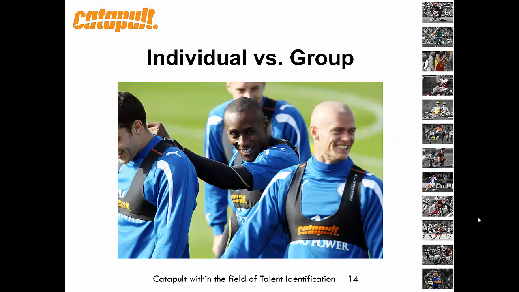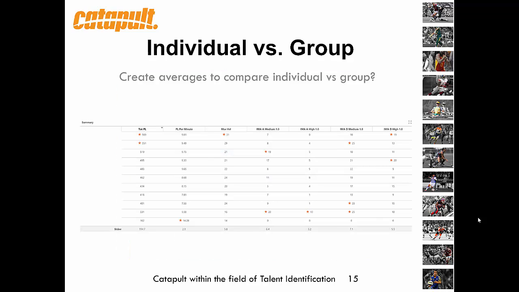Also, when we're looking at individual versus group, this is very important, which I think in terms of identification might be a great way forward. So what OpenField allows you is to create averages to compare individual versus group. What this basically means is you can create averages about player position, or you can create averages of certain exercises, or you can create an average of a game, and you can always compare with that.